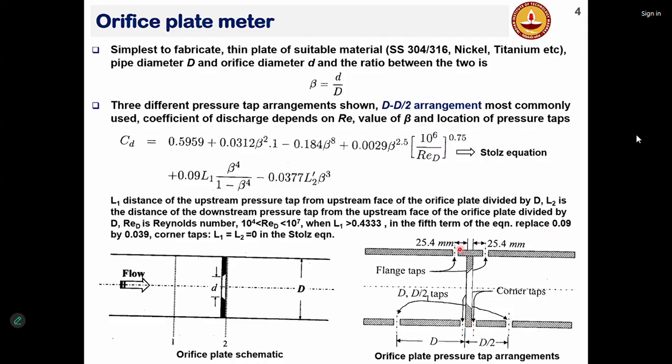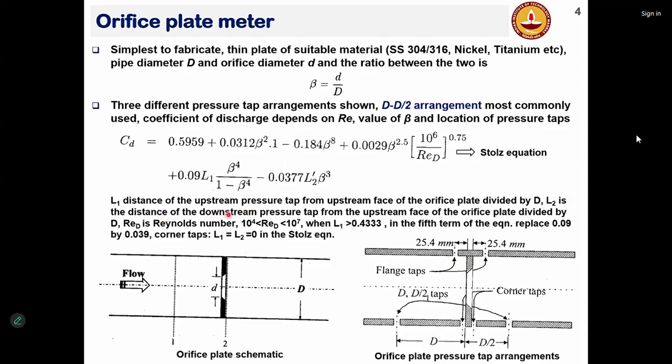If you take a flange tap, it will be 25.4 millimeter divided by the diameter D in millimeter. If you take a D and D by 2 arrangement, then L1 will simply be D divided by D, which is equal to 1. So L1 will be 1 for a D and D by 2 arrangement.